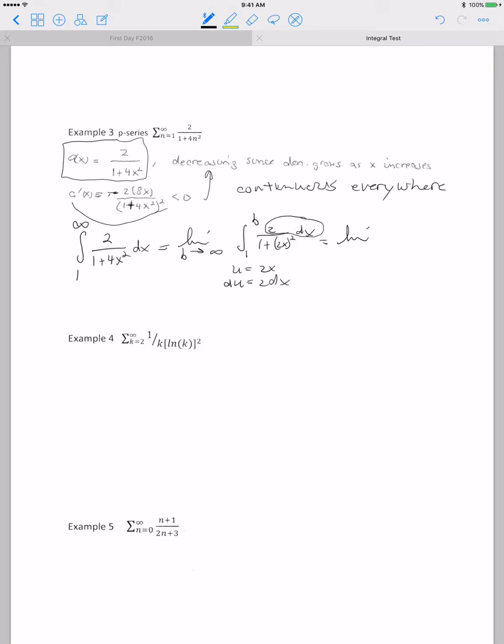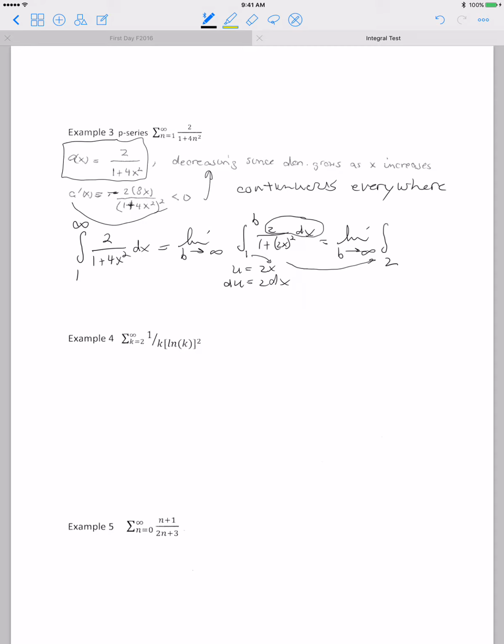So I'm going to take the limit as b goes to infinity of this integral. And since I'm using u substitution, I'm going to go ahead and change limits. I run the lower limit through this transformation, and I get u is equal to 2 times 1, so my lower limit is 2.